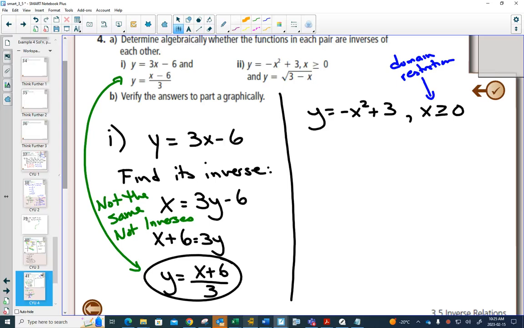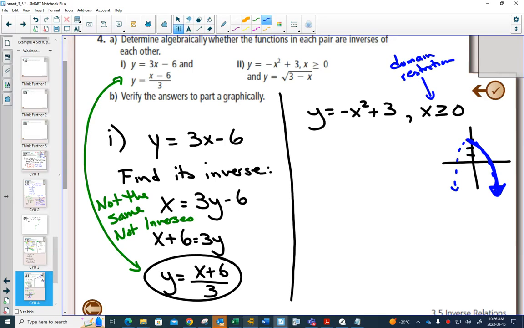Graphically for this one, off to the side, just going to do a quick imagination. Can you see this parabola has a vertical reflection and then has been translated up 3 units, which would make the parabola look like this, and we are only taking the half where x is bigger than or equal to 0.